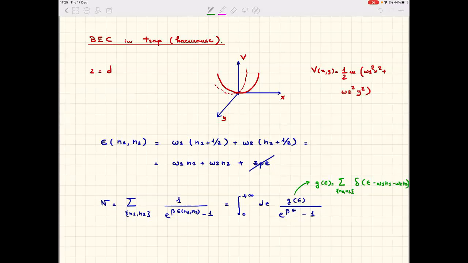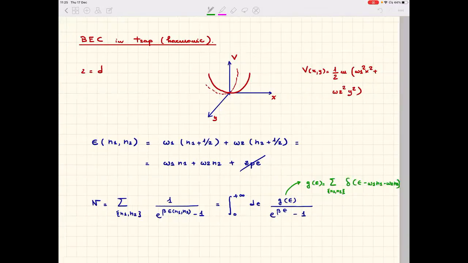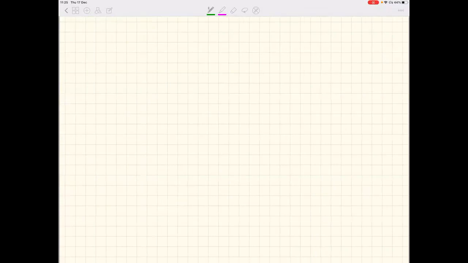Okay? So this is the equation I have to solve. So let me first compute the density of states, right? So let me focus on the calculation of the density of states.